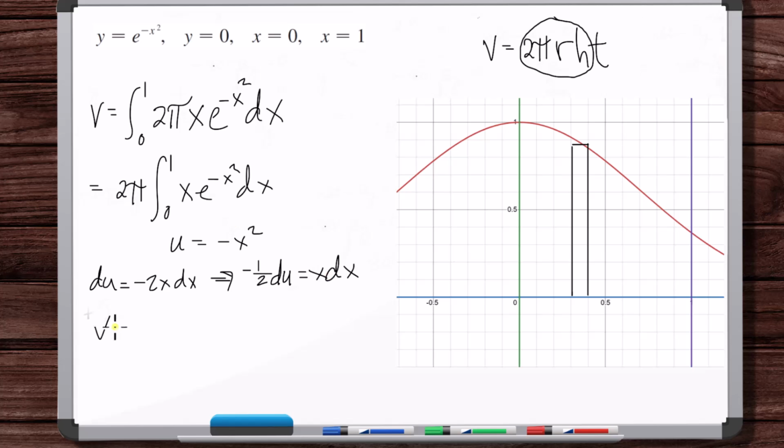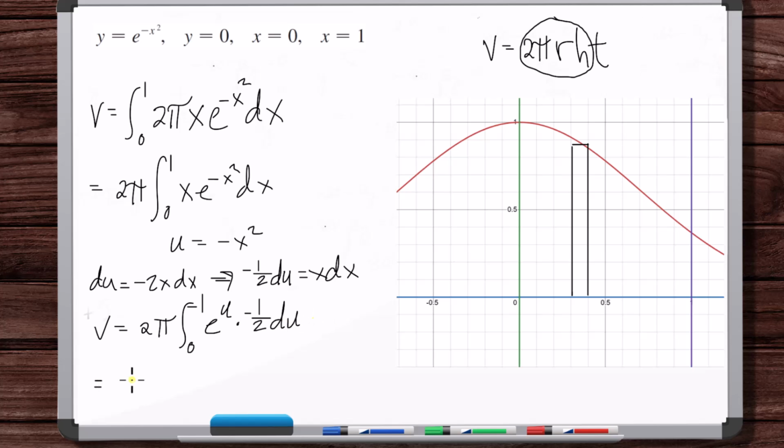So the volume is equal to, well, when x is equal to 0, u is equal to 0. When x is equal to 1, u is equal to minus 1. So we've updated the limits of integration, and now we've got e to the u, and x dx is minus 1/2 du.